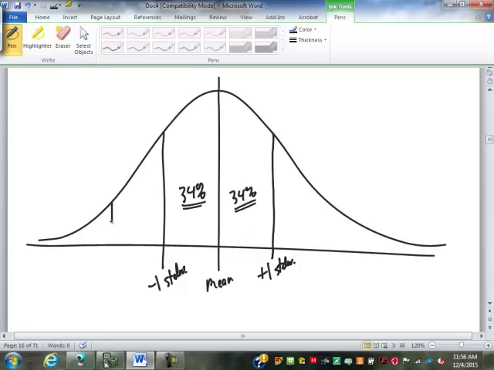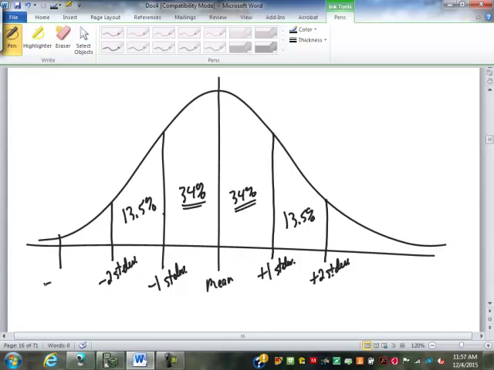If I keep going, if I go a second standard deviation below the mean, between 1 and 2 standard deviations below the mean is about 13.5%. Same on the other side. Now I realize it's kind of fuzzy right now. I'll clear it up in a little bit. So another 13.5% there.